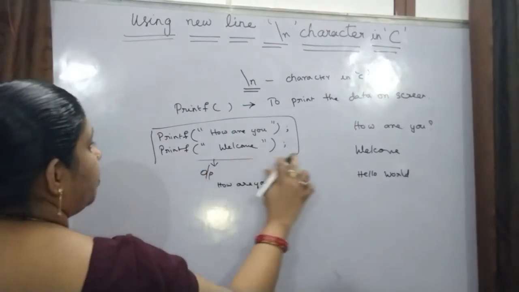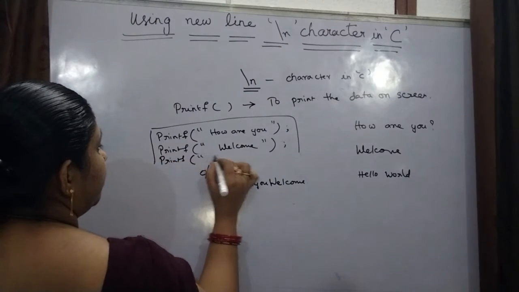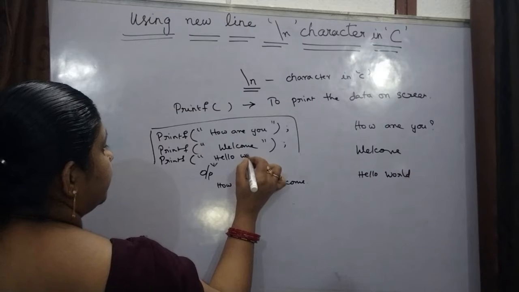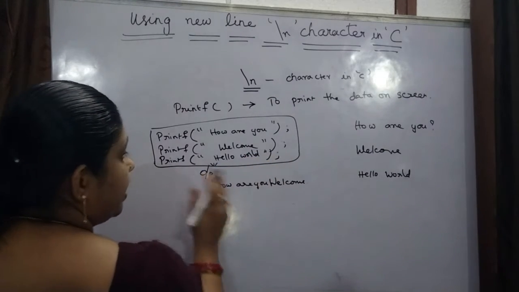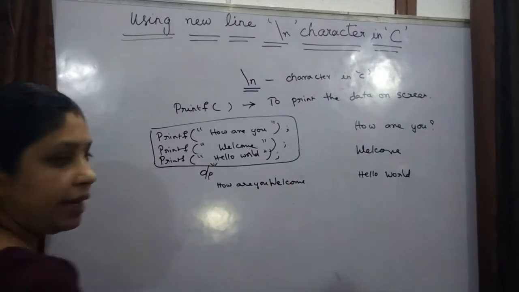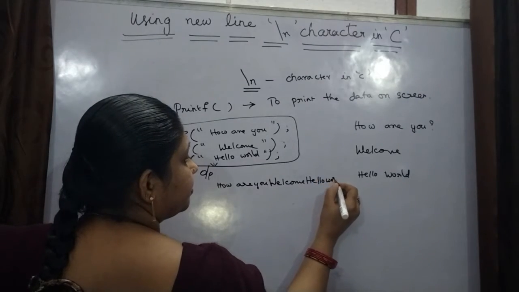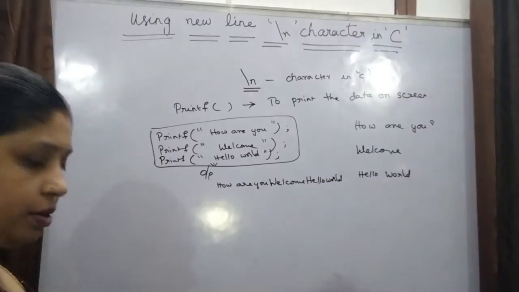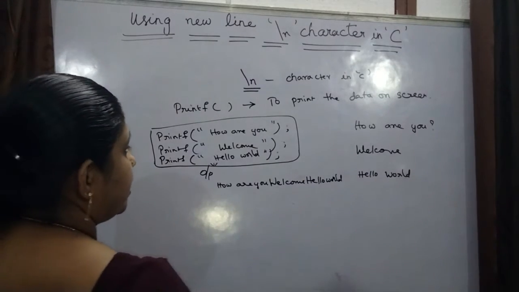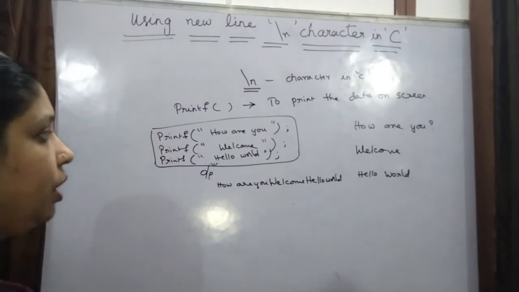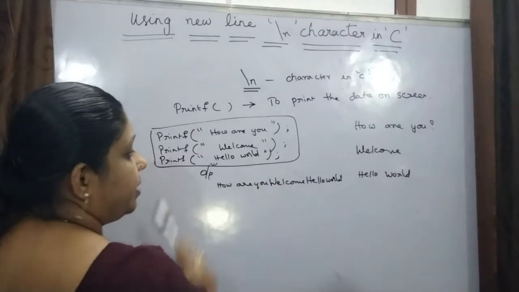And if you write more, printf hello world, the moment welcome is complete, the hello world starts. Your printf function is printing the data like this. You want to print the data like this, but you are getting it like this.